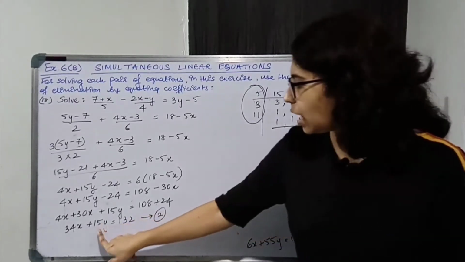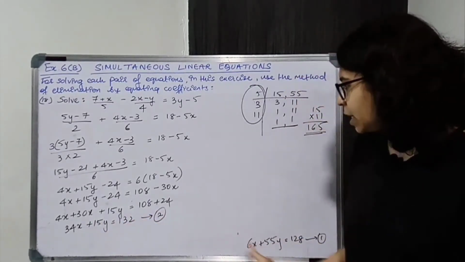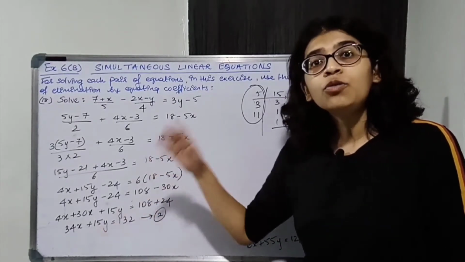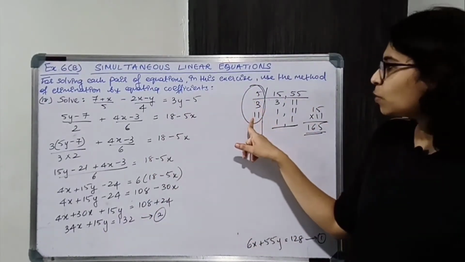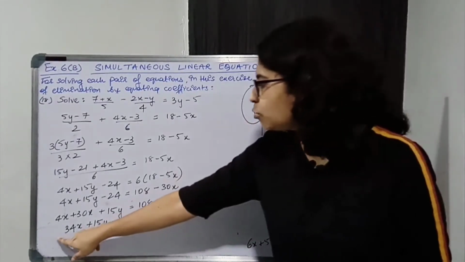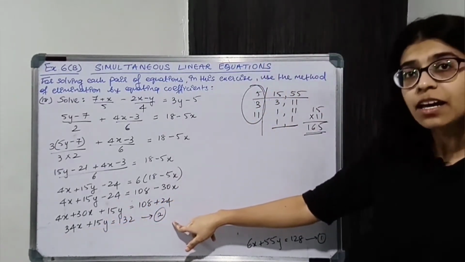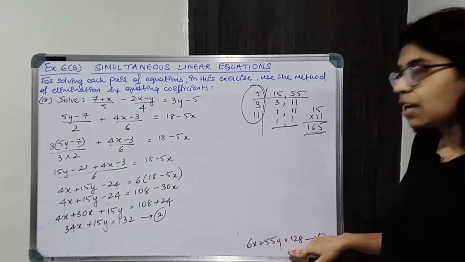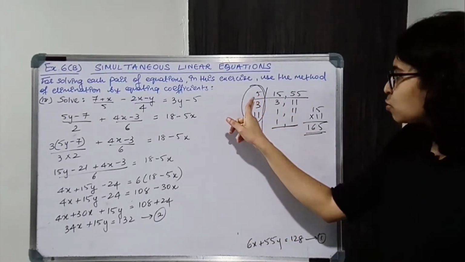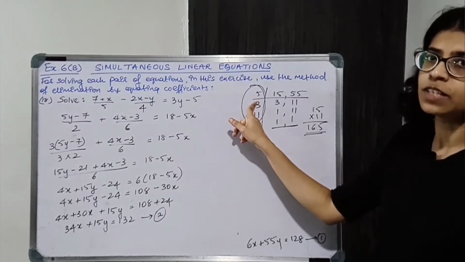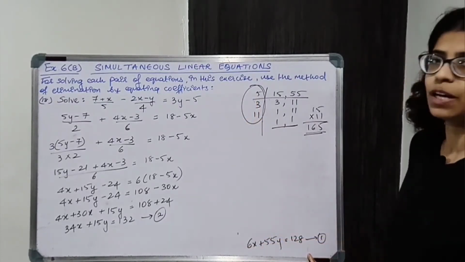So here for y, we are making the coefficient the same. 15 into how much will give me 165? 15 into 11. So I need to multiply this entire equation by 11, and this by how much? 55 into 3 will give 165, so I need to multiply this by 3.